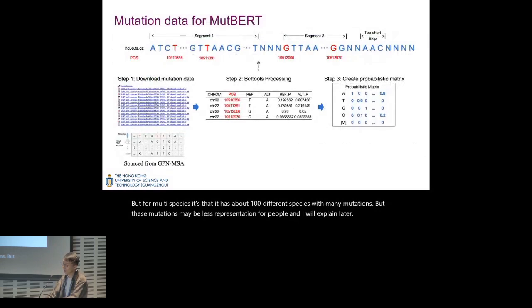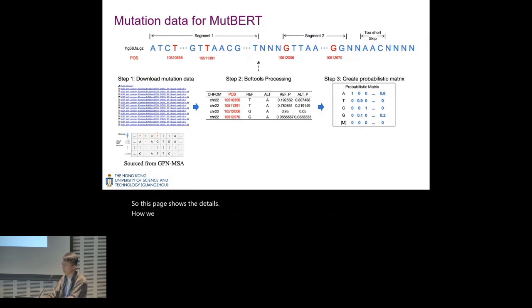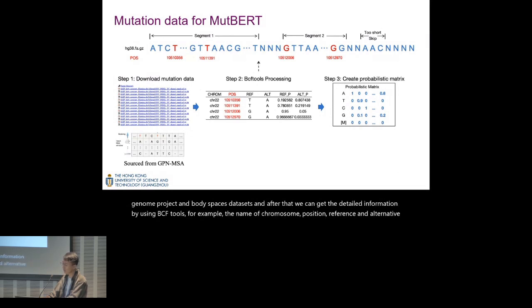This page shows the details of how we construct the mutation dataset. Firstly, we need to download the data from the 1,000 Genomes Project and multi-species datasets. After that, we can get the detailed information by using BCFtools, for example, the name of the chromosome, position, reference and alternative base pair, and the corresponding probability.